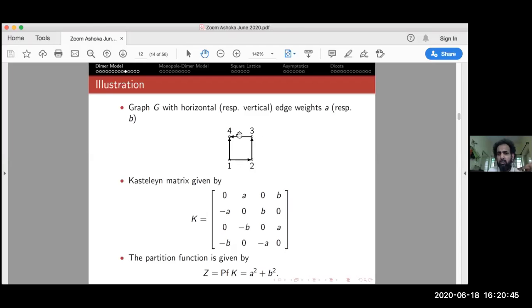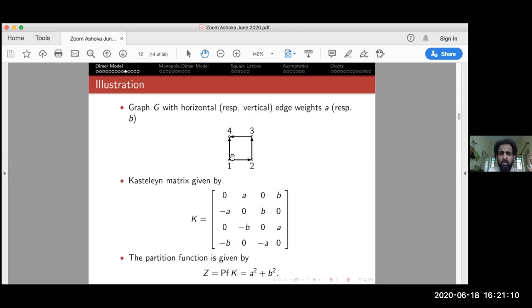All the other edges go anticlockwise. This is my orientation. So the graph is undirected, but I have given this orientation. And this is a Kasteleyn orientation because the number of clockwise edges in this plaquette is 1, which is an odd number.